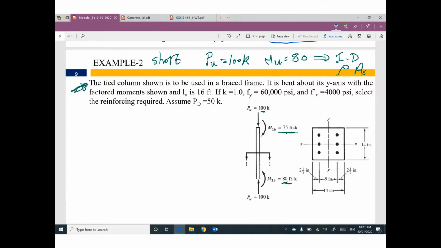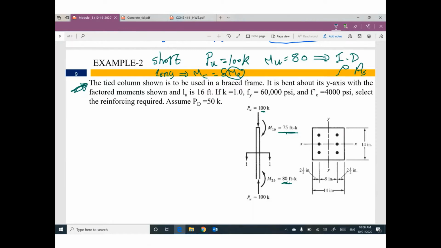But if this column is long, I need to adjust the bending moment a little bit to consider the effect of buckling. Do you remember? Mc equals delta times M2. M2 here will be 80, the biggest value.